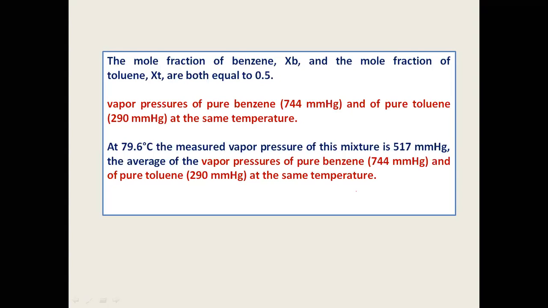So the vapor pressure of the solution, the equimolar mixture of benzene and toluene, is nothing but an average of the vapor pressures of pure benzene and pure toluene. So this behavior is seen in benzene and toluene.